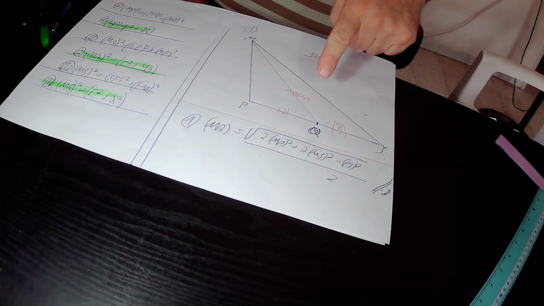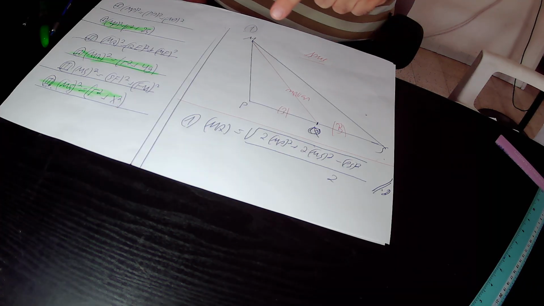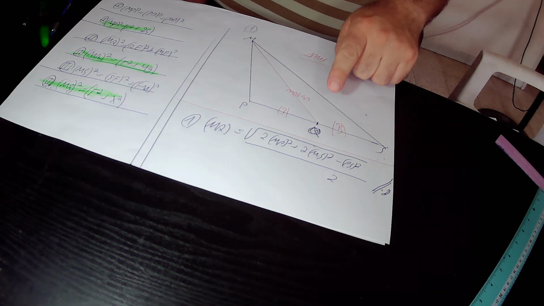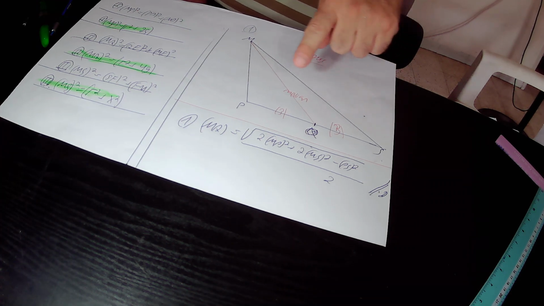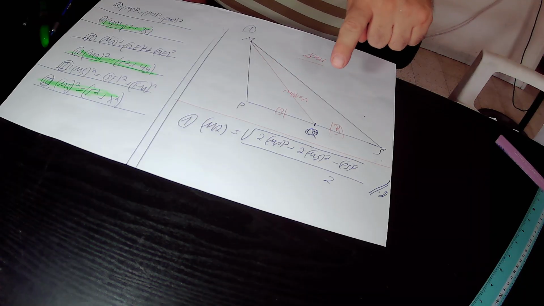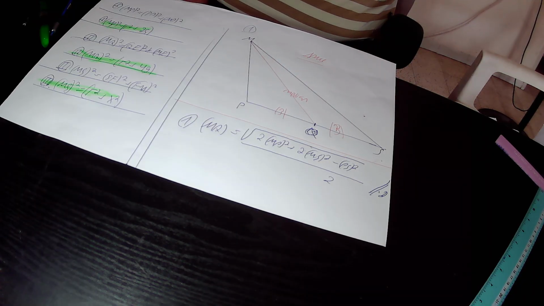Why is point Q the midpoint of PS? Because PS in total equals 3 plus 3, that is 6. And at point Q, PS has been bisected into 2 halves. The first half is PQ, that is 3, and the second half is QS, that is also 3.